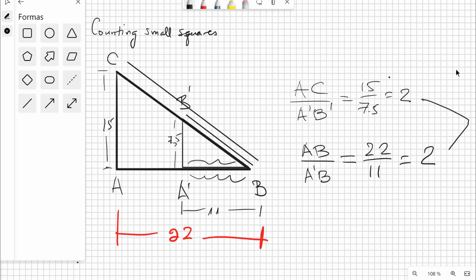Notice that. Now go to another pair of corresponding sides, like this, and the whole side of the bigger triangle.